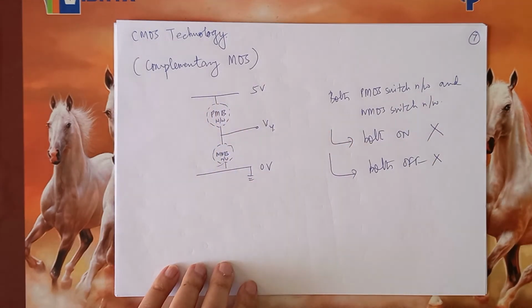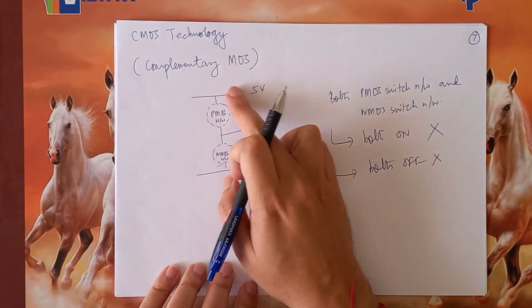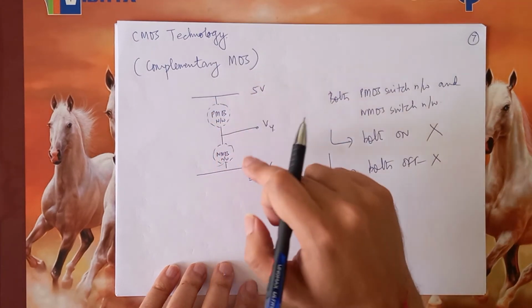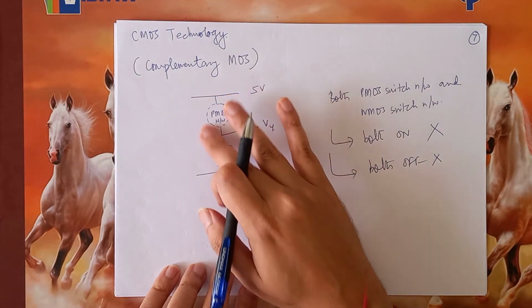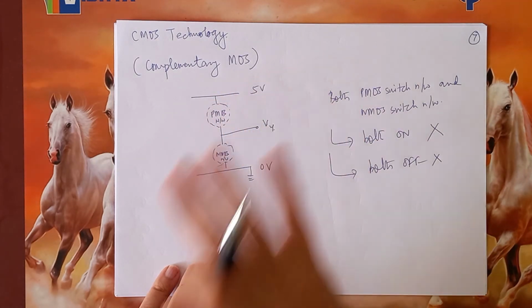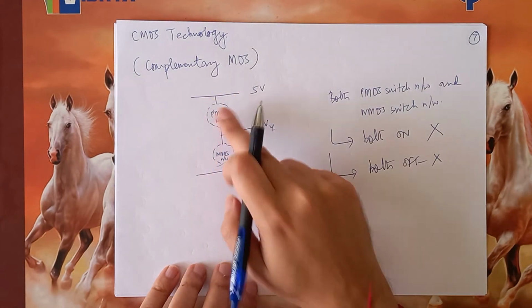If both of these become on, then these will be closed switches and you will get a zero resistance path between 5 volts and ground. And that is disastrous. It's like saying I'm connecting the plus of a battery to its minus. That can never happen.